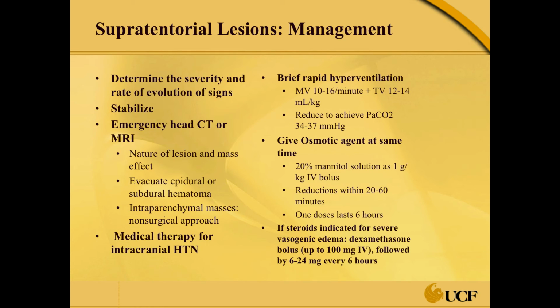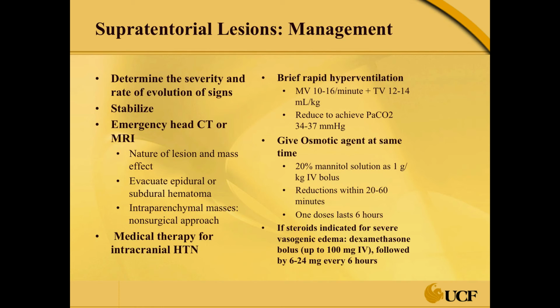And then medical therapy for intracranial hypertension, obviously. Brief rapid hyperventilation, we talked about that as probably not being very helpful, but in the case of patients who are actively herniating, it might be something to try. These are parameters we've already talked about, I should say.